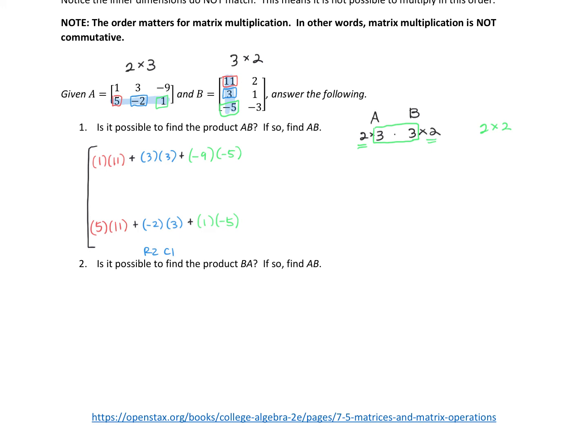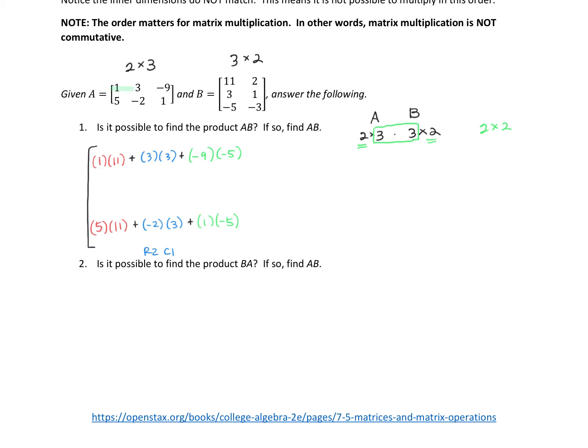Now I've taken each of the rows and multiplied it by the first column. So now I want to go down the second column. I'm going to start over and do the first row times the second column now.